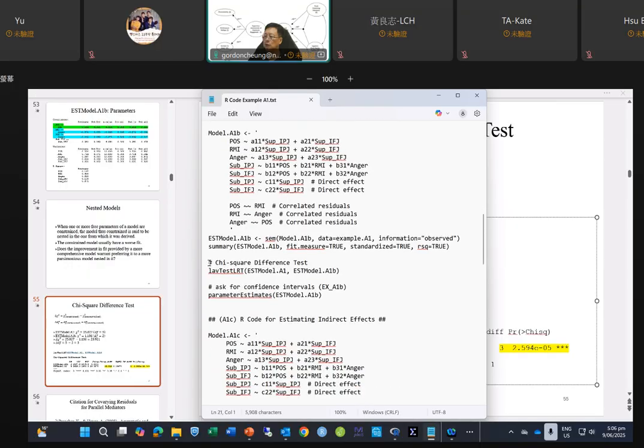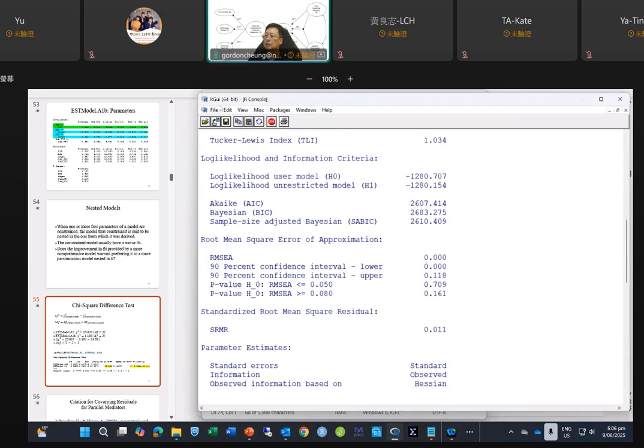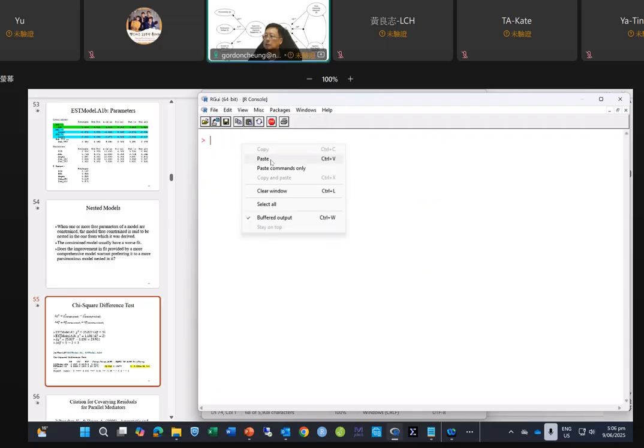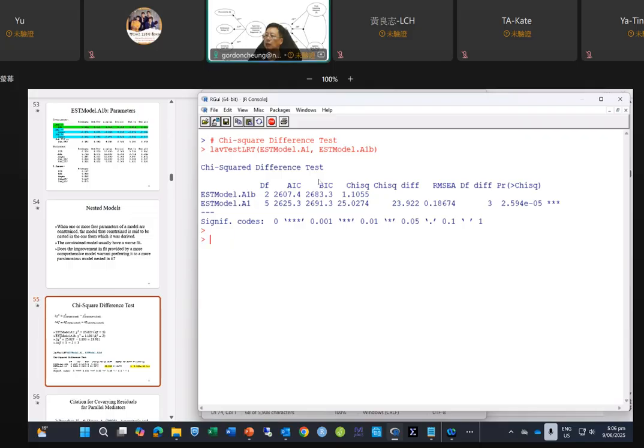Yeah, chi-square difference test. If you have not closed your R, if your model is still here, then what you can do is like that. And then you will compare the fit of the two models.